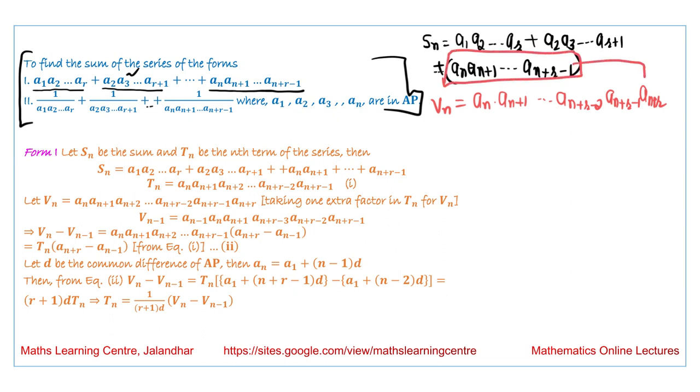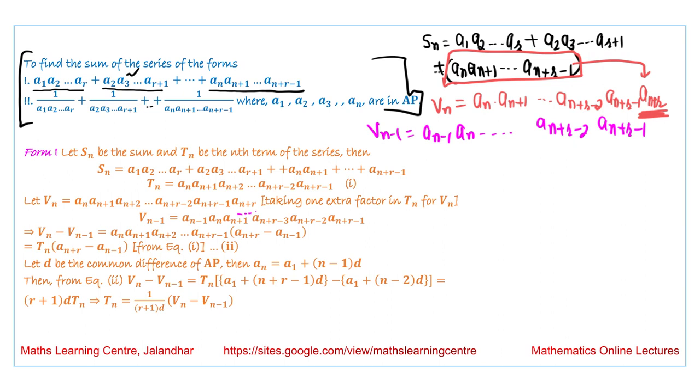We have taken an extra factor in Vn. Now if we write the value of Vn minus 1, the answer we are getting is an minus 1, an, and so on up to an plus r minus 2, an plus r minus 1. We are having this term over here, and so on up to this.